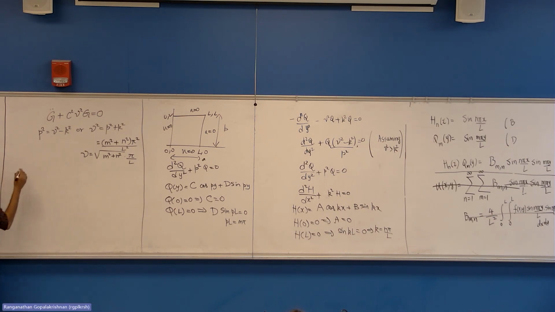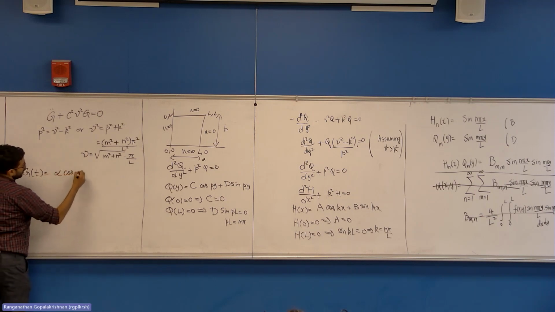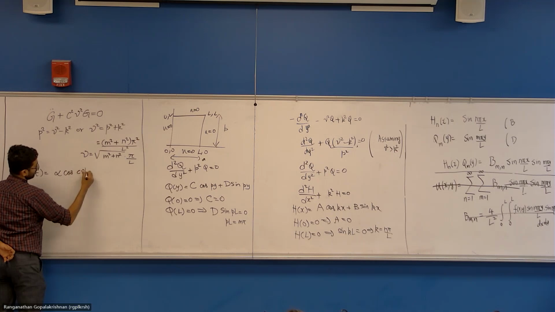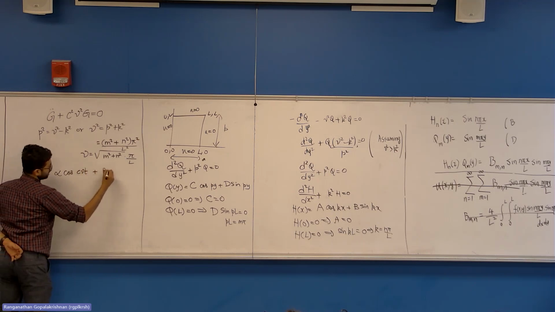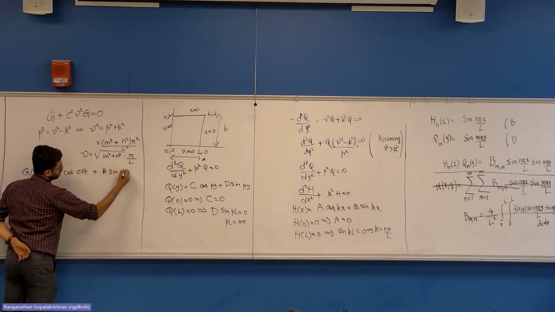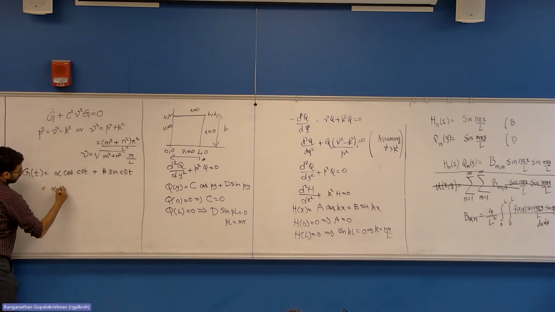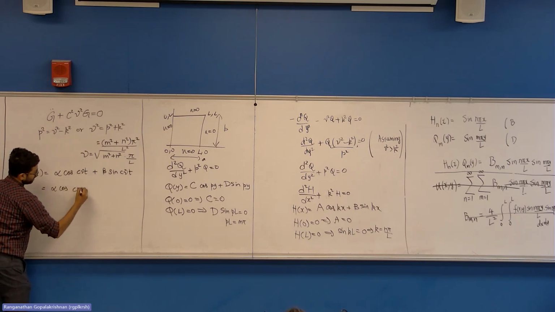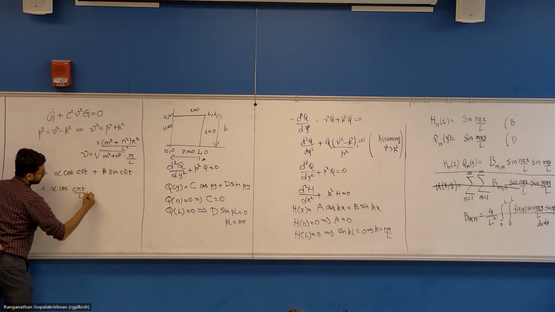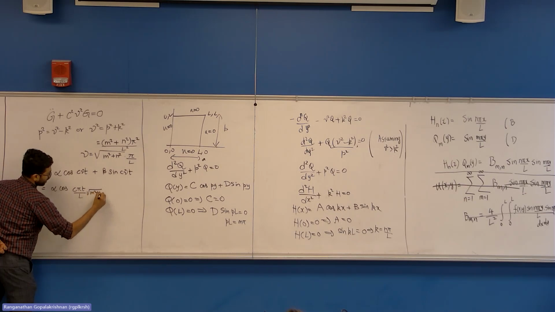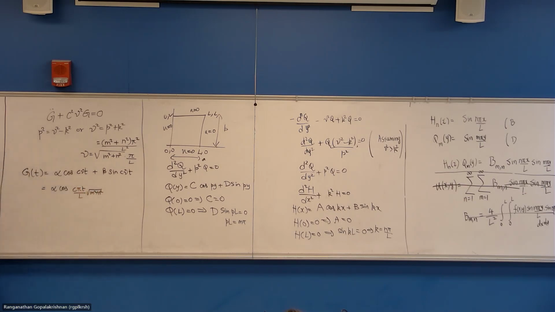Okay. So now g of t, we'll call it alpha cos c nu t plus beta sine c nu t. And obviously, what is nu? It is pi over L times square root of m squared plus n squared.